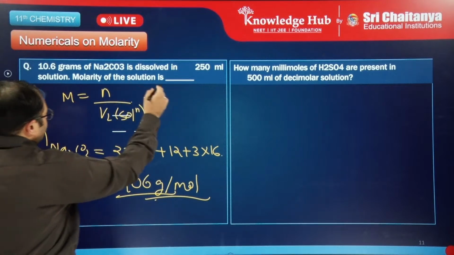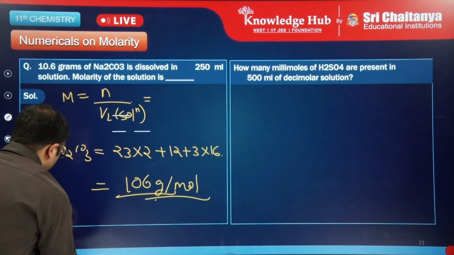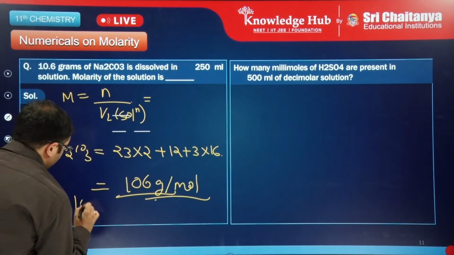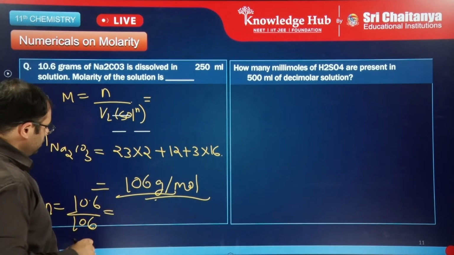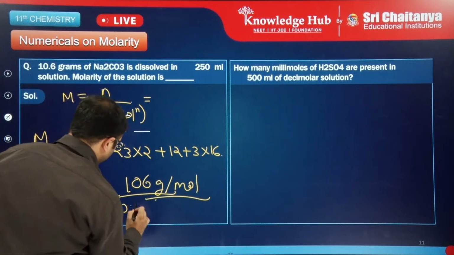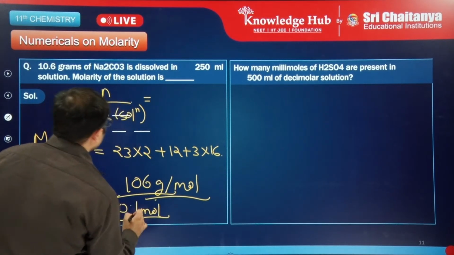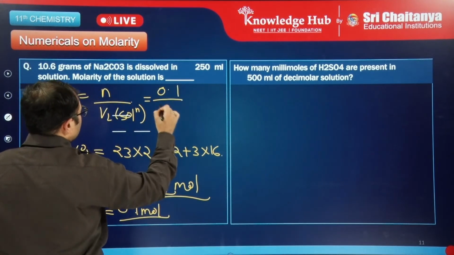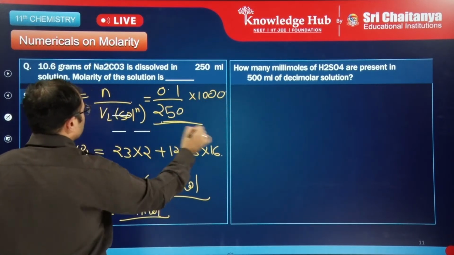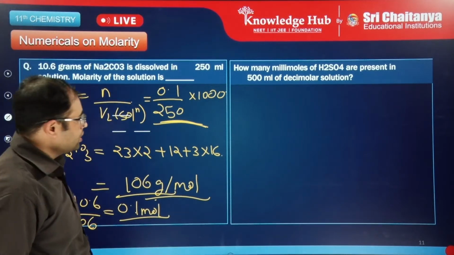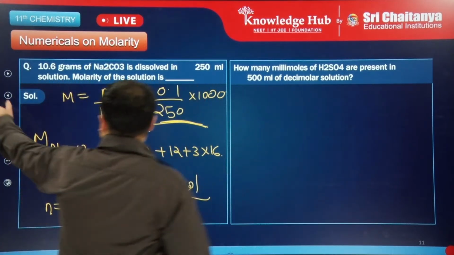So, what will be the moles? 10.6 divided by 106, right? This comes out to be 0.1 mole. Put that 0.1 mole here, divided by 250, multiply it by 1000, you'll get your answer, right?